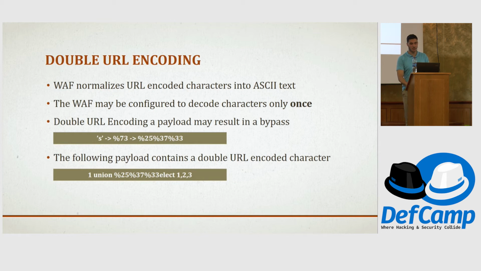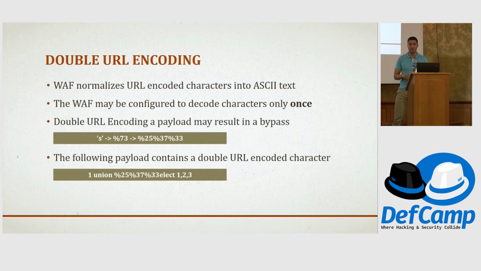Another technique is URL encoding. What a WAF normally does is normalize the URL encoded characters. If the WAF is configured in such a way that it decodes the URL encoded value only once, then we may find a bypass. So we take a character like the S in the example and URL encode it, which gives us %73.